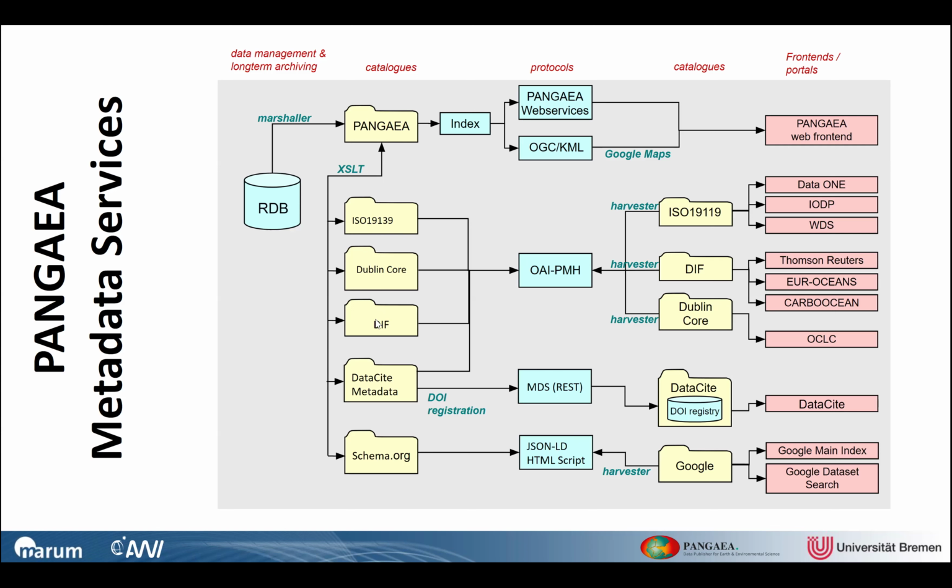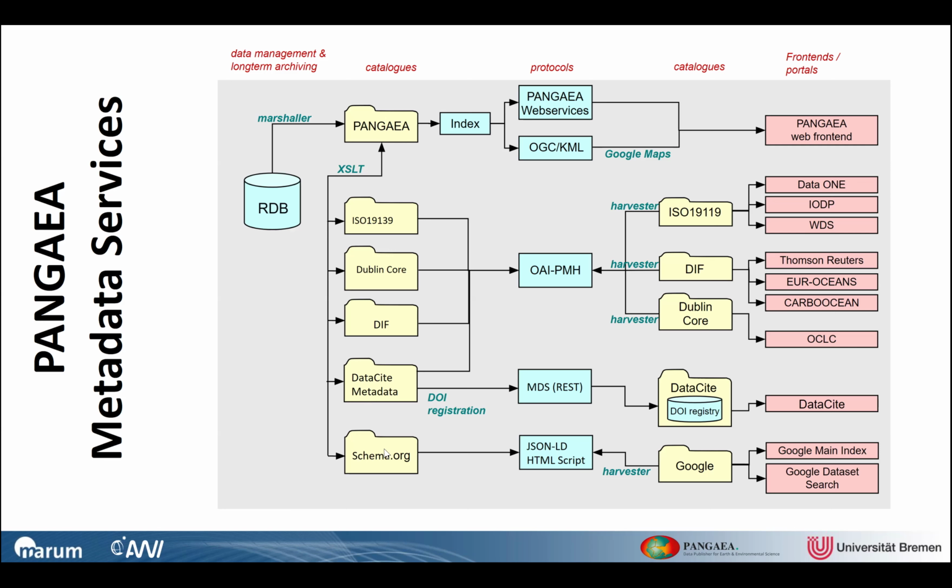It's no longer supported by PANGAEA, but we still have it in our system. Then DataCite metadata is what is used to register DOIs, and that's also very, very informative for somebody outside because it's standardized across all the repositories using DOIs. So if you want to find data sets, it's often a good idea to simply go to DataCite and search there. And then if you have found something from PANGAEA, go to PANGAEA or another data center.